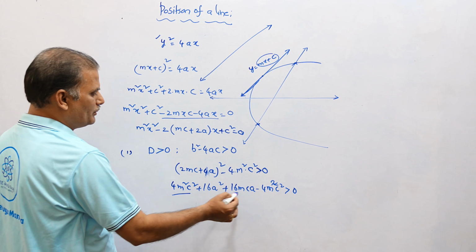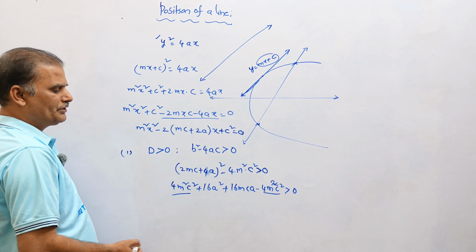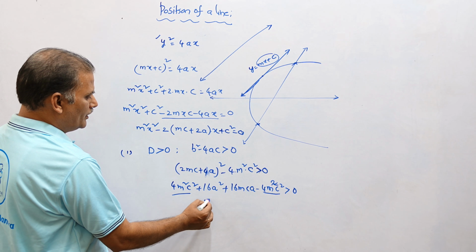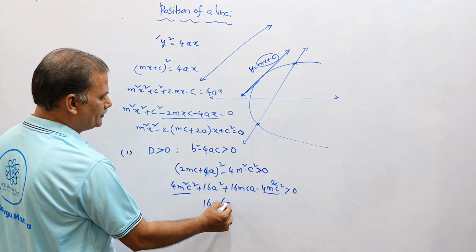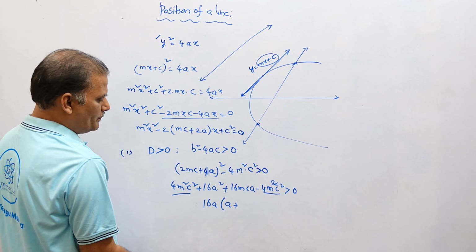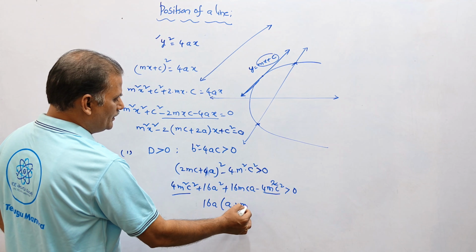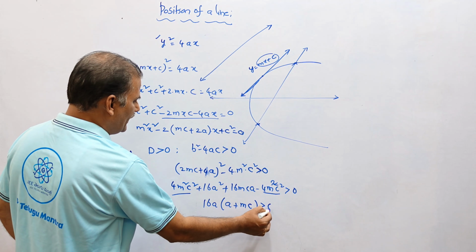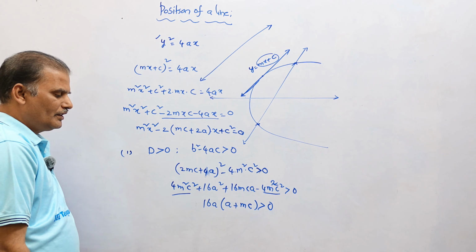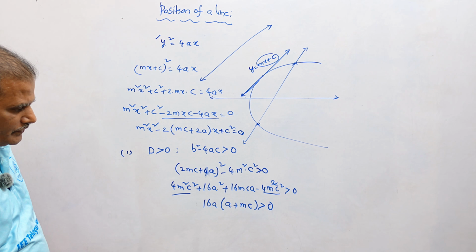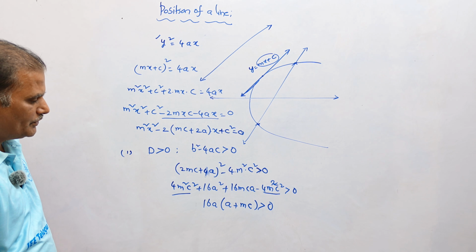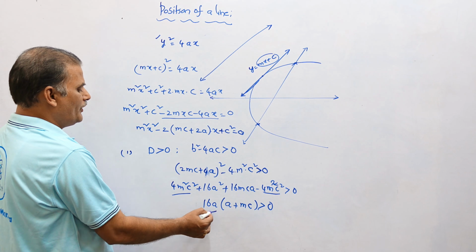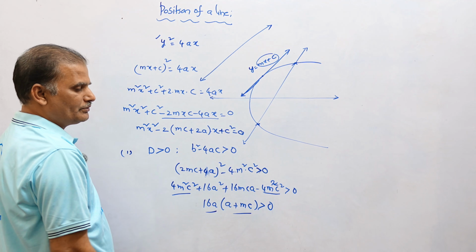Here 4m square c square and 4m square c square get cancelled. Now you take 16a common, a plus mc is greater than 0.